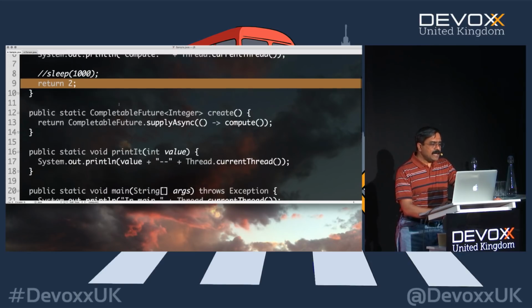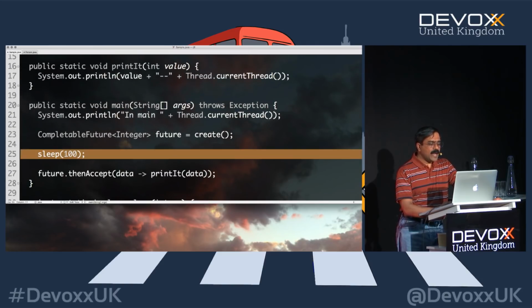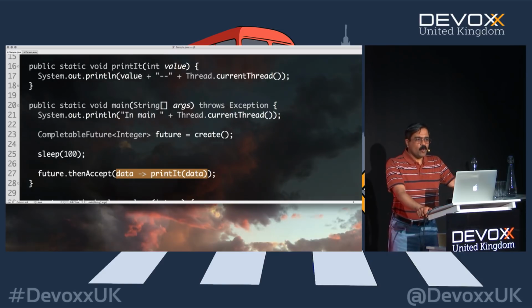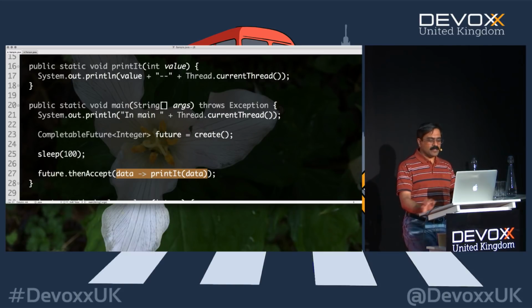Then, immediately it returns a value of 2, which means by the time you get out of the sleep, the CompletableFuture has already completed. Now, you go to the CompletableFuture, which has completed, and you say thenAccept, and the CompletableFuture says, you know what, I am done. I'm not going to wait for you because I'm already completed. And as a result, I will let you do the work.